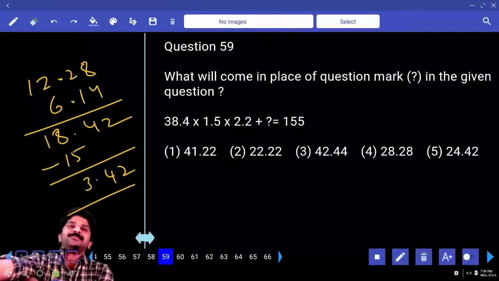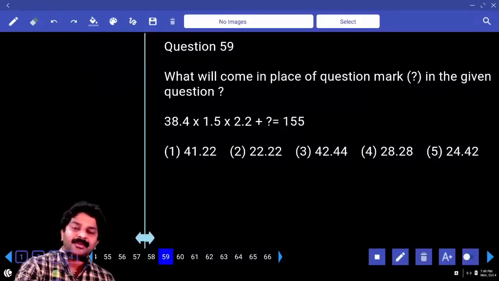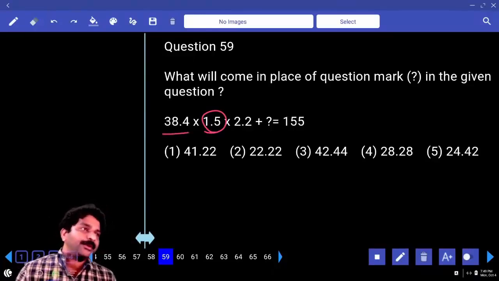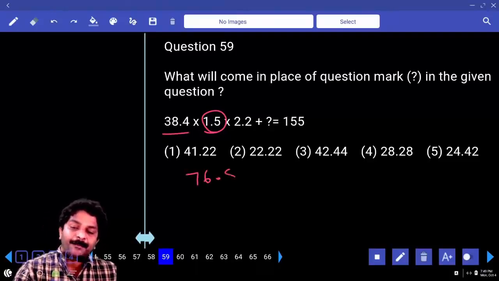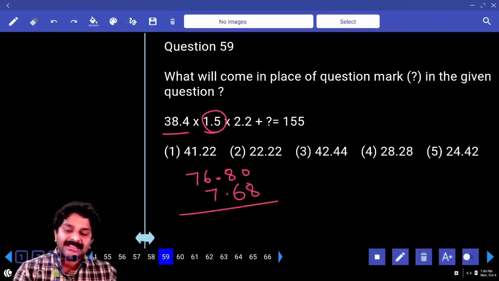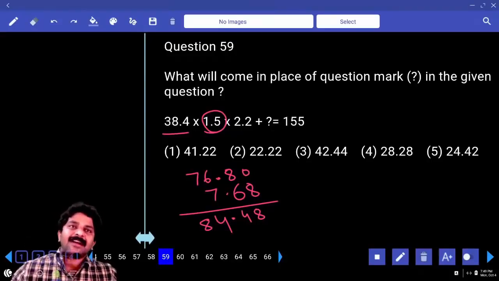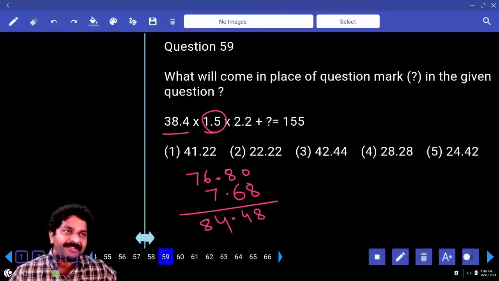2.2 times. 2 times plus 0.2 times. Is that okay? Come on. Don't change this. Keep it aside. 38.4. 2.2 times I'll take. What is 2 times? 76.8. Then 0.2 times is equal to 7.68 only. If you calculate this, right hand side you have 0.48 and left hand side we have 84 into 1.5 times. That means 1 time plus half only. 1 time is already there, 84.48.